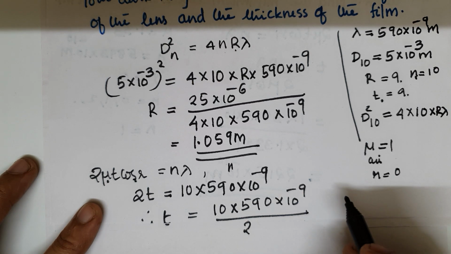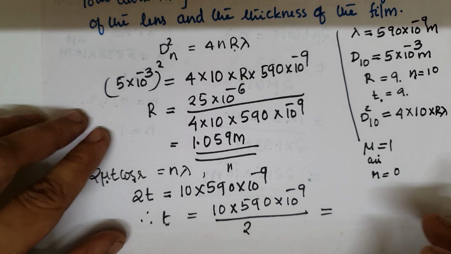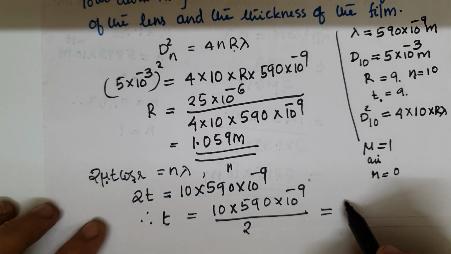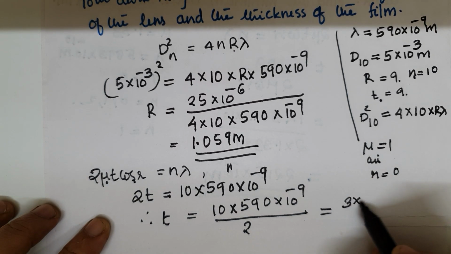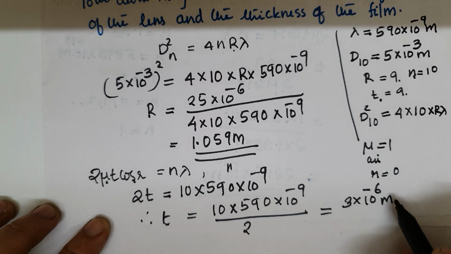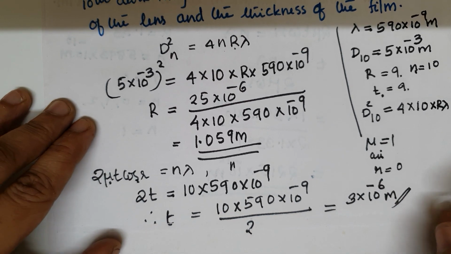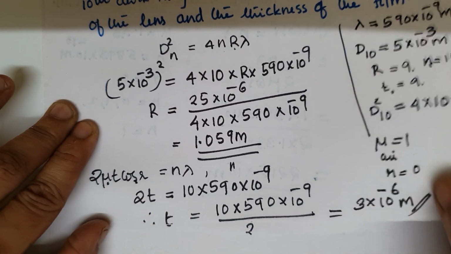This will give the value about 2.95, we are approximating it as 3, that is 3 into 10 raised to minus 6 meter.